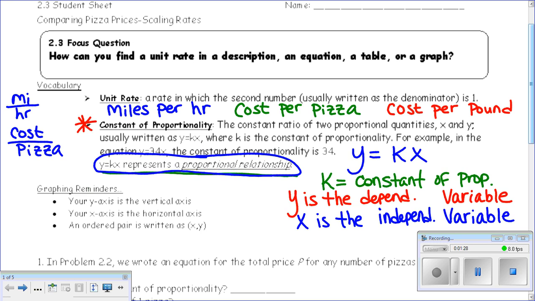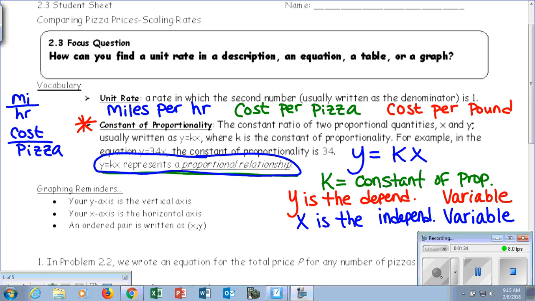Our constant is always that number that's before our x. So we just found out that our constant is 34. It's always that number before our x. K is the constant. So y equals kx represents a proportional relationship.